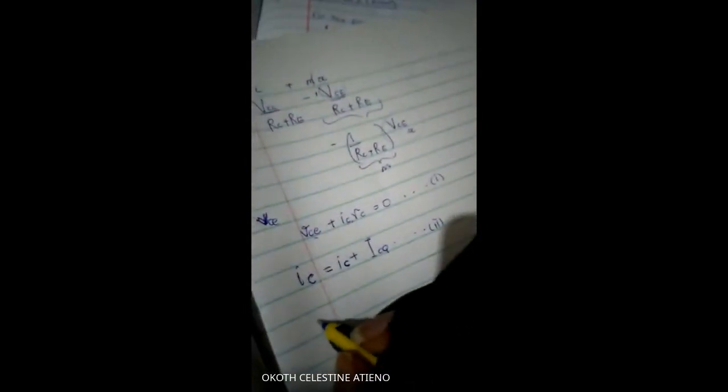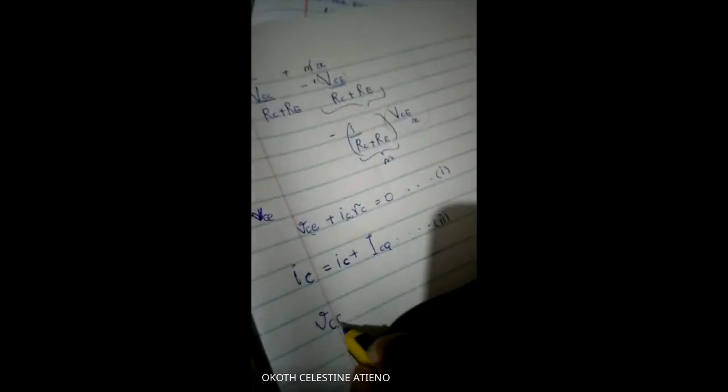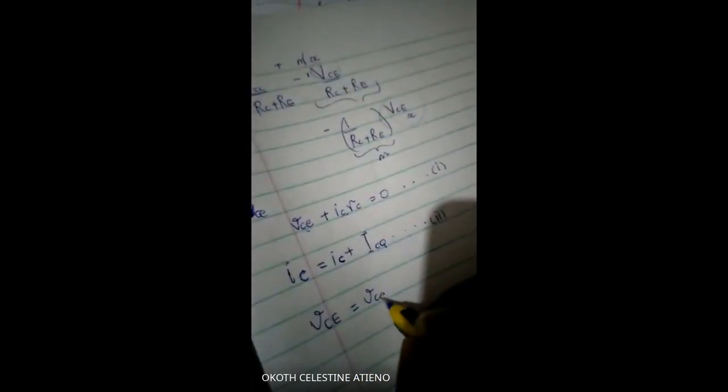The third equation you'll have to know is that capital VCE is equal to small vce plus VCEQ. So this is the AC component plus the DC component. When you know these three, then you're okay.